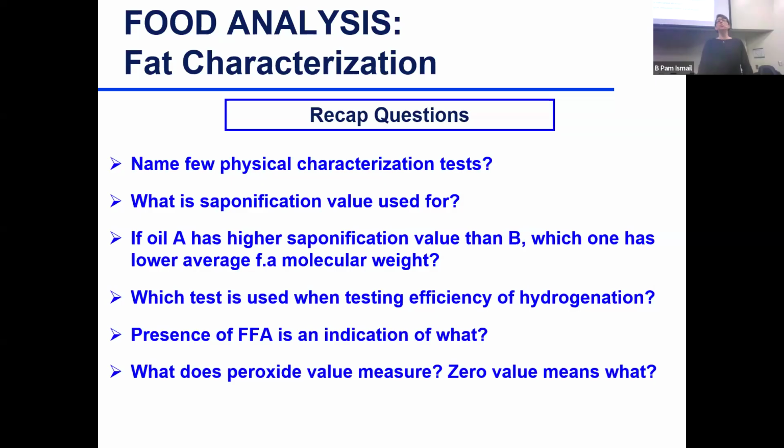Let's try to remember a little bit of fat characterization. The good thing is you did the lab on Wednesday, so you should be able to remember a few things. Then we can finish up this lecture really quick and get started with pH and titratable acidity, which is the topic of your last lab this Wednesday.